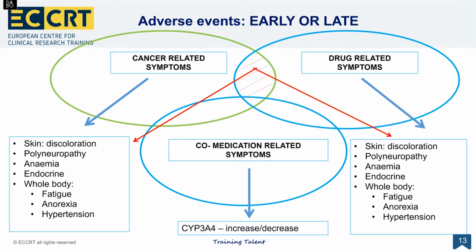So it would be very strange if we say, okay, this is the best drug for our patient at this moment, why isn't he responding? It might be possible that this patient is taking, at the same time, a drug that will inhibit the drug that we are treating the cancer with.